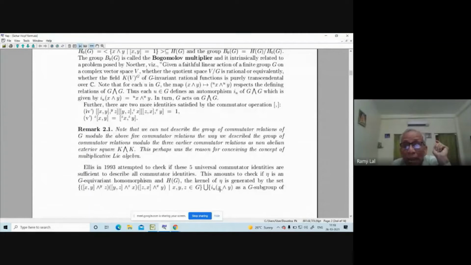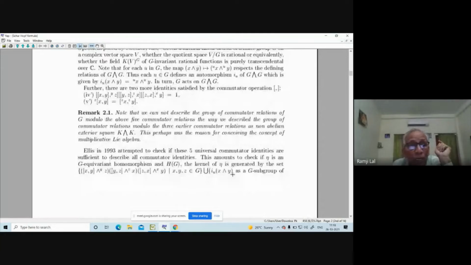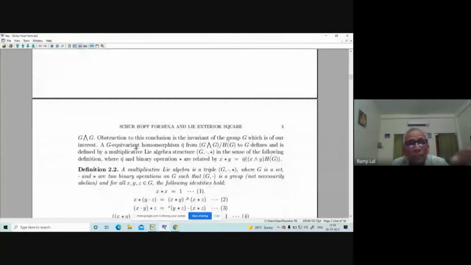So the union of this as a G subgroup of the exterior square. The obstruction to this conclusion is the invariant of G which is really of our interest, and this perhaps might have motivated Ellis to concretely introduce the concept of multiplicative Lie algebra.